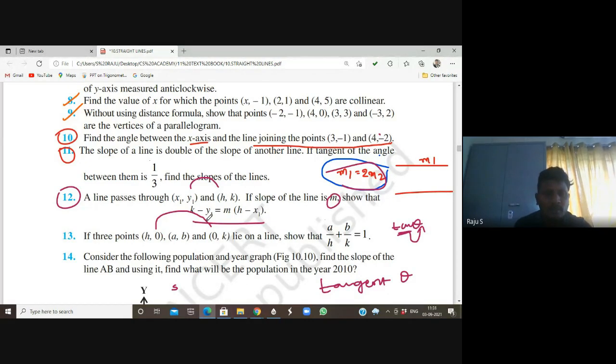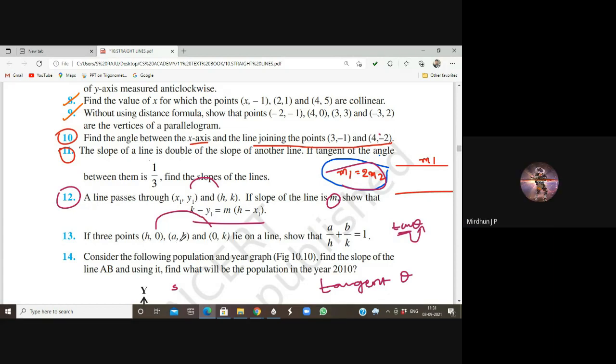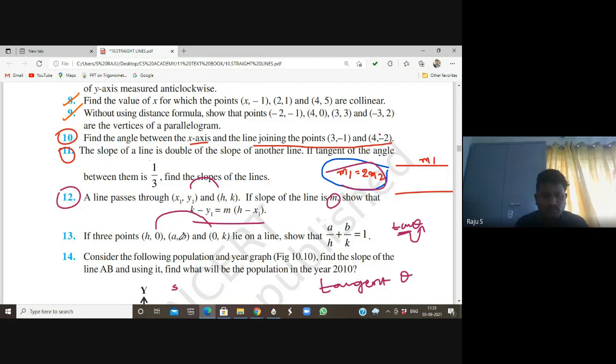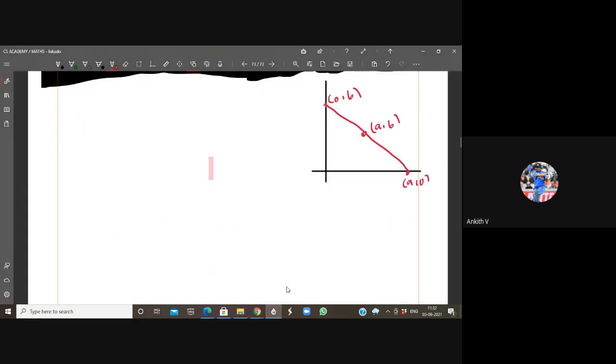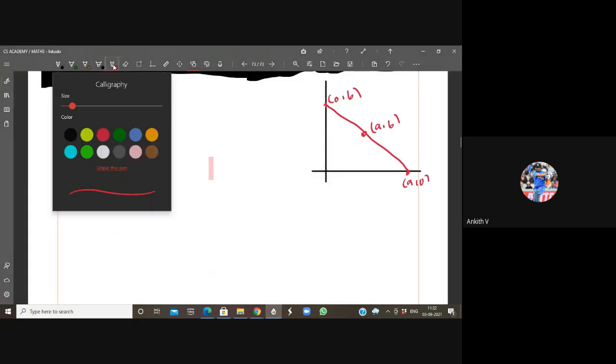Sir, we can equate the area of triangle to 0, no, sir? Okay, the area of 3 points, we don't want. Sir, we can find the slopes. Okay, fine.